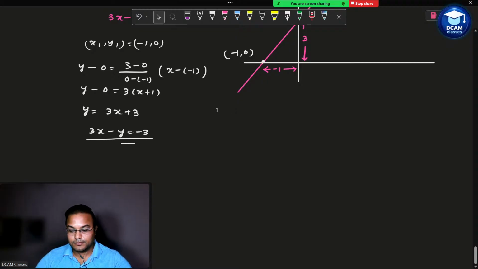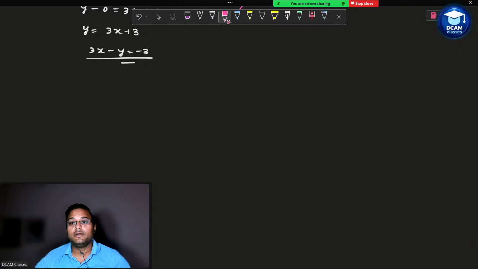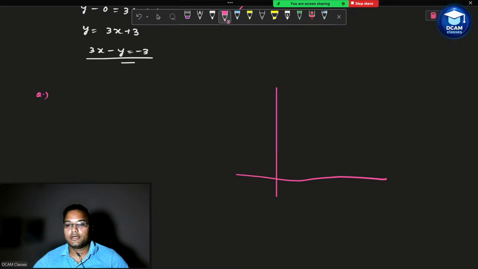Now I want to give you one homework question. See, you have to give me an equation. This is our condition. Oh, there are very heavy winds.